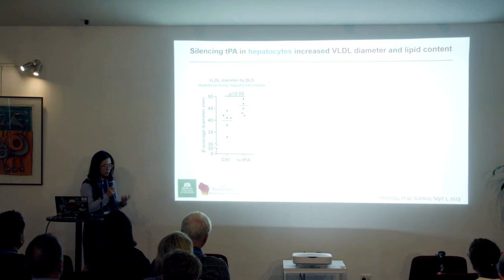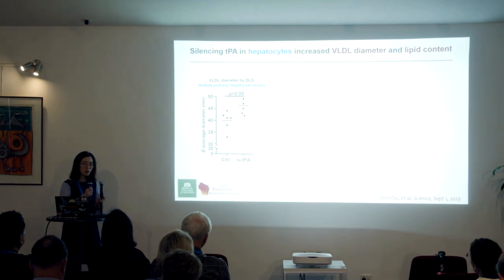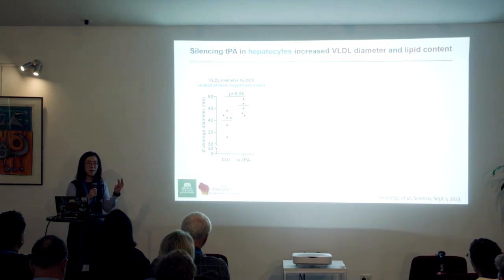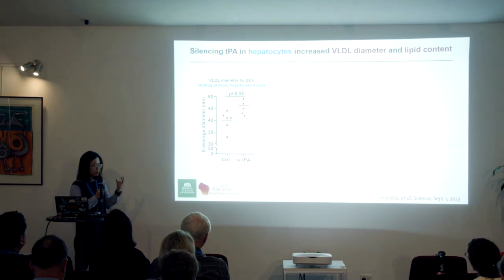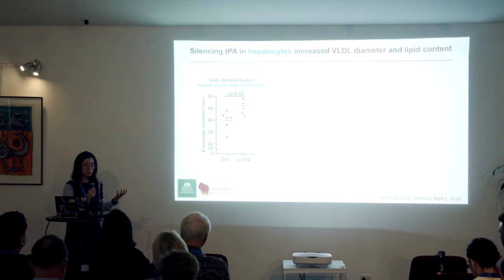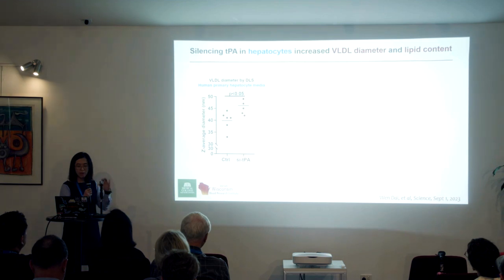There are two major mechanisms that determine how much VLDL can be secreted from the hepatocyte. One is how many particles are made, and the second is how well each particle is made. To answer how well each particle is made, we can measure the size of the VLDL particles released from the hepatocyte.